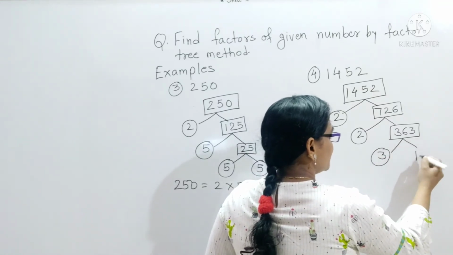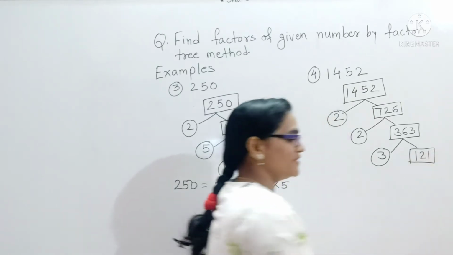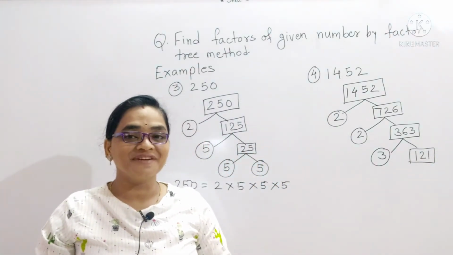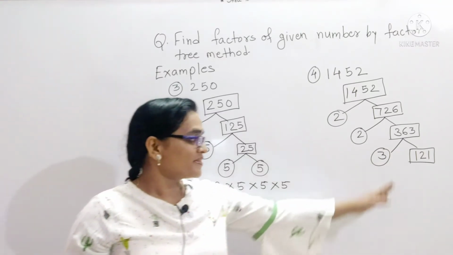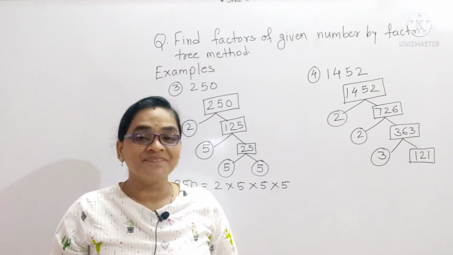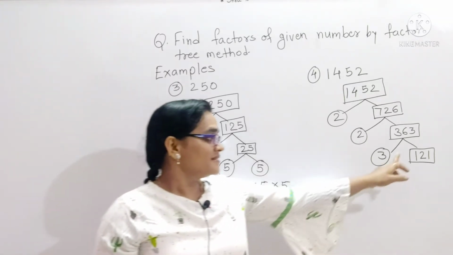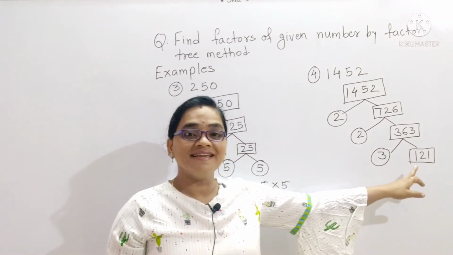3 ones are 3, 3 twos are 6, 3 ones are 3, 121. Now check, 121 is divisible by which prime number? Is it divisible by 5? No, ones place is 1. Then 7? No. 11?